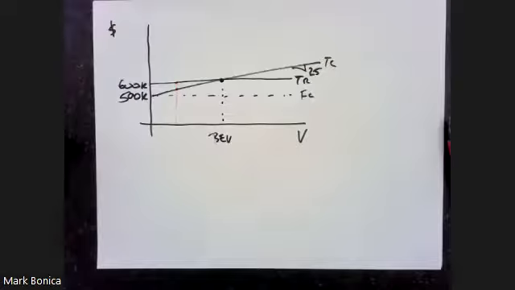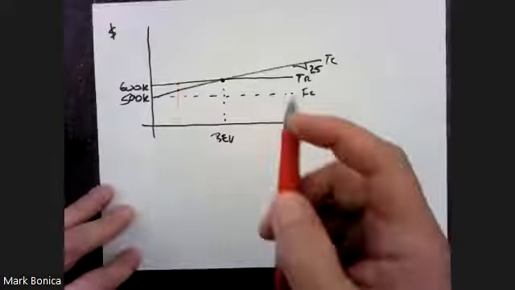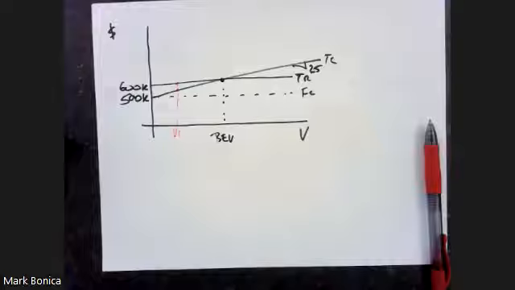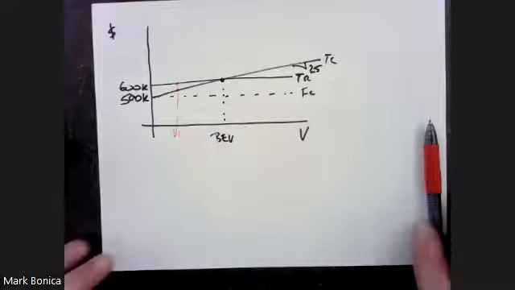Cost or revenue? Cost. Then it crosses revenue. So that means that revenue at that point, let's call it volume 1, total revenue is above total cost.